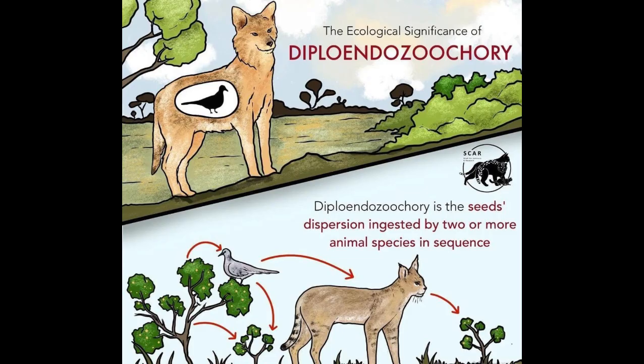Actually, seed dispersal by animals plays an important ecological role in the seed dispersal of many plants. Some carnivores act as secondary dispersers by preying on primary seed dispersers or seed predators, inadvertently consuming seeds contained in their prey's digestive tracts and later depositing viable seeds, a process known as diploendozochory. Carnivores occupy an array of ecological niches and thus range broadly on the landscape.